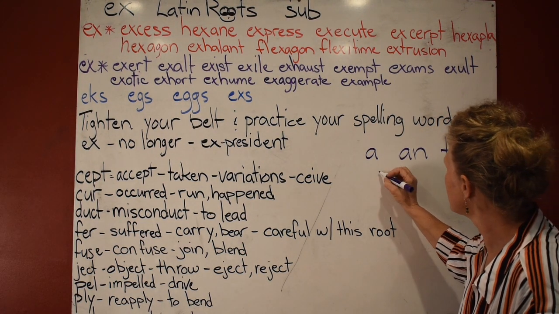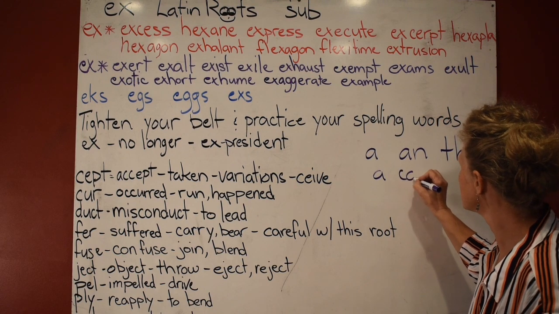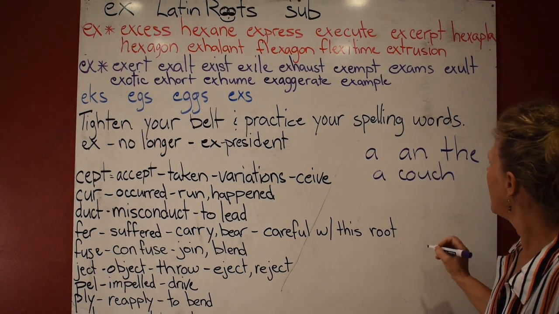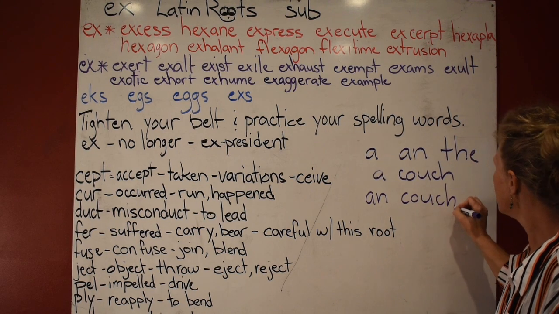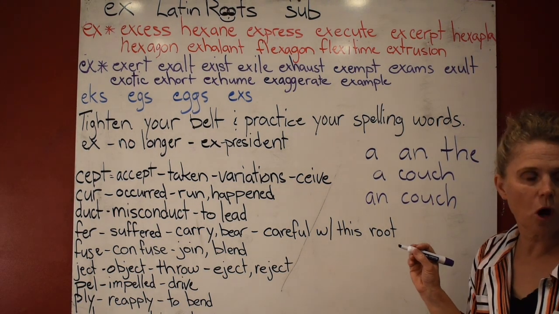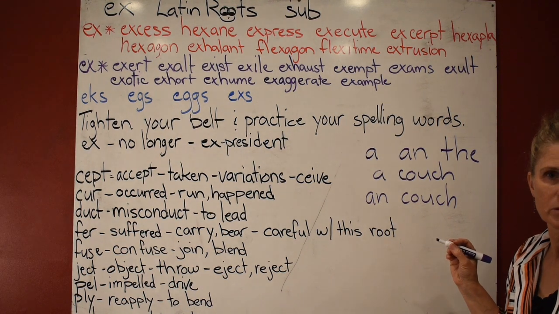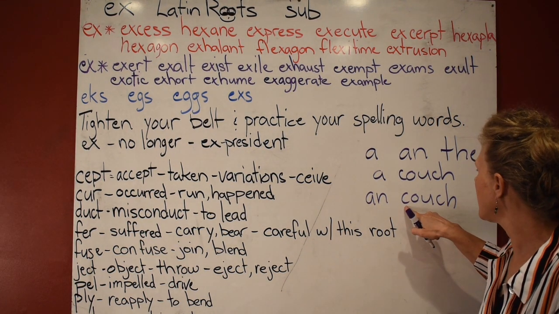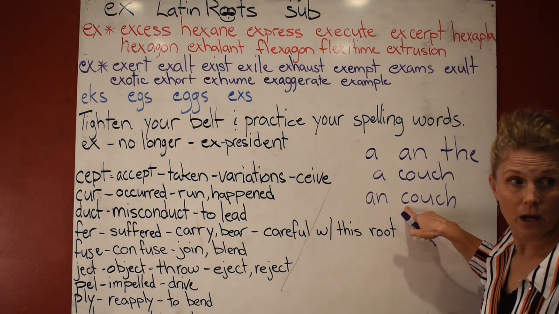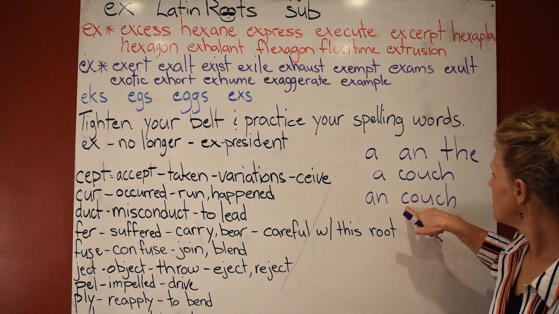So we have a couch, and then we have an couch. Now in this one, you can hear which one's wrong. Which one's wrong? An couch. The reason why is because this is a consonant. An animal.